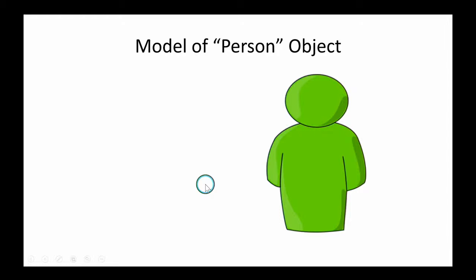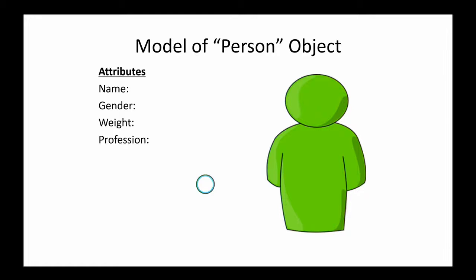Let's suppose that we want to create a game that's going to have a lot of people in our game. So before we create people objects, we need to create a class called a person. Now, when we examine a person, we need to find out what the attributes of a person are before we can create a person.